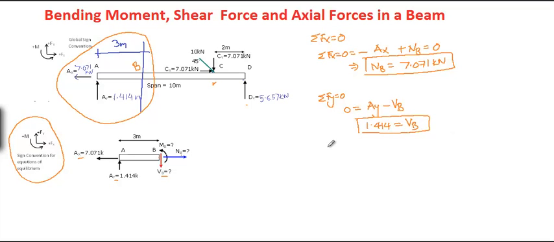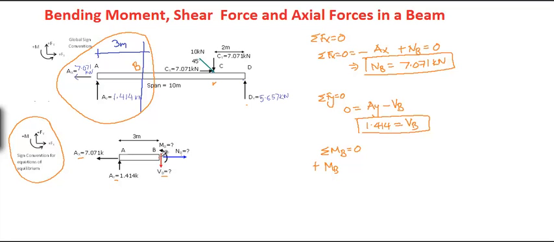And the last equilibrium equation is summation of moment at B equals 0. So here we have MB, which is acting anti-clockwise, so positive, and VB is passing through point B and NB is passing through point B, so they have 0 distance from point B, and we can neglect them.